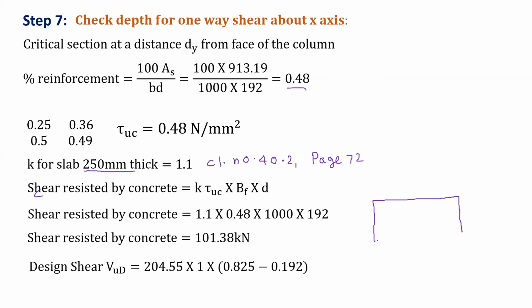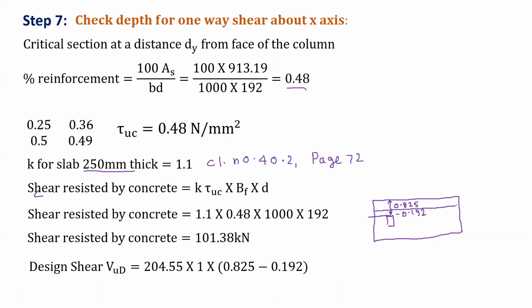In this way, the column we have over here, and then we are considering in this fashion. So 1 meter width we have considered. This distance we have 0.825, and then minus 0.192, and then it will be somewhere here.